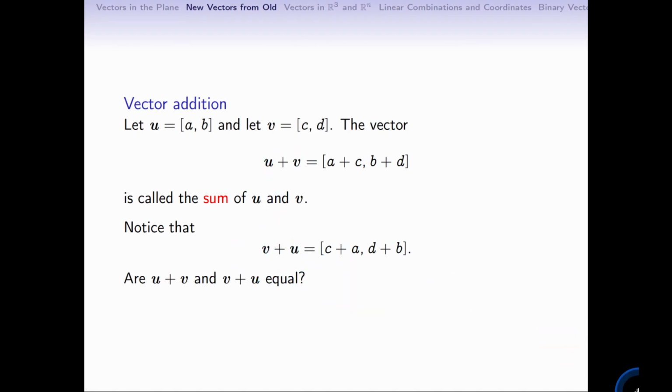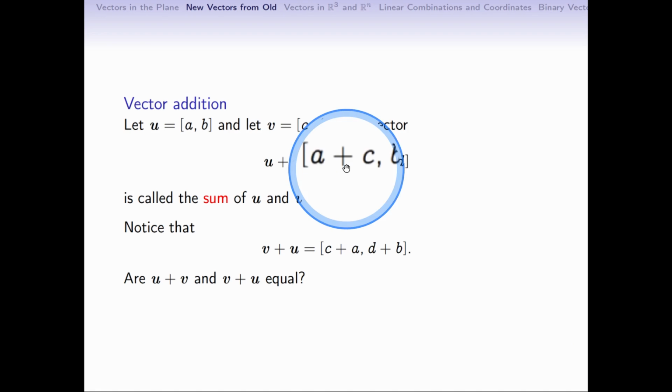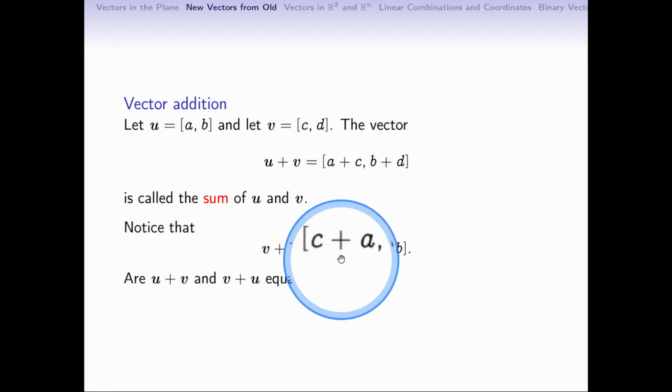Well, let's remind ourselves, how do we test equality of vectors? How would I know if a pair of vectors are equal to each other? Well, the rule is two vectors are equal if and only if they are equal component-wise, component by component. And so the question boils down to, is a plus c the same as c plus a?